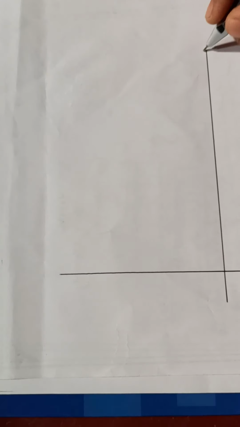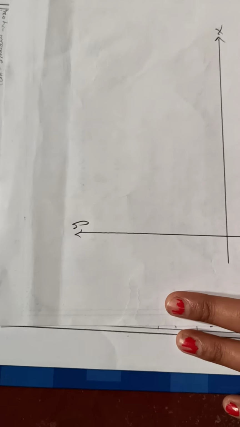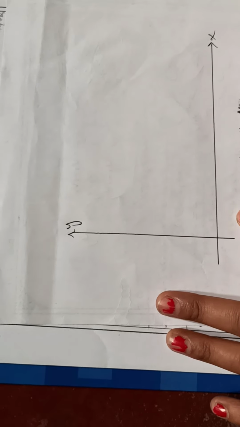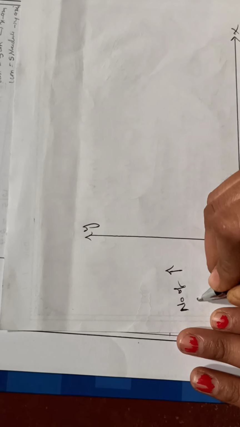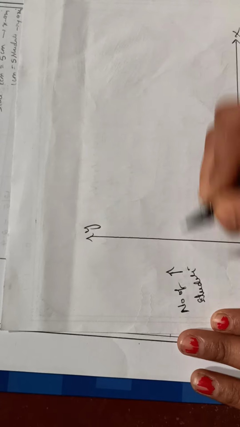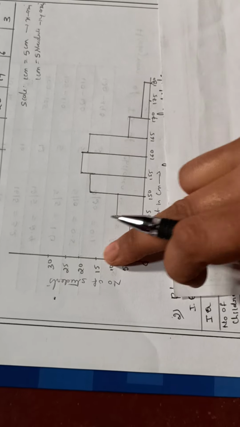So this is the x-axis, and let me write the y-axis over here. Here the height in centimeters must be taken along the x-axis, and here the number of students. You can see we have taken a difference of 5, 0 to 5 or 5 to 10, something like this.